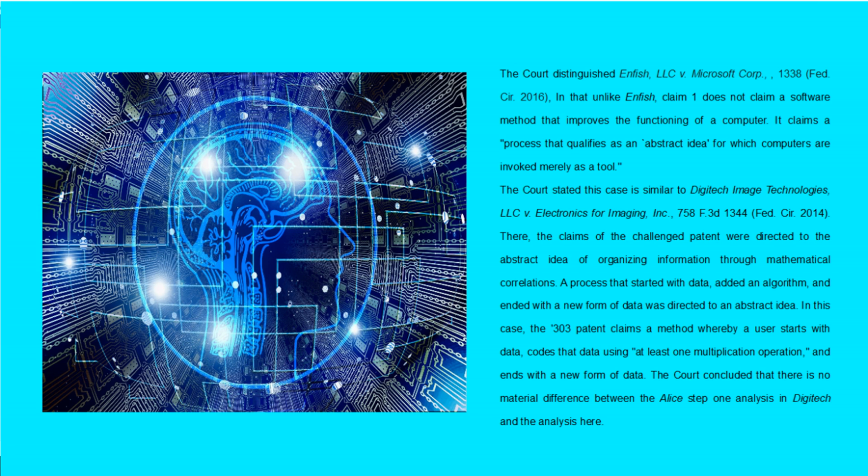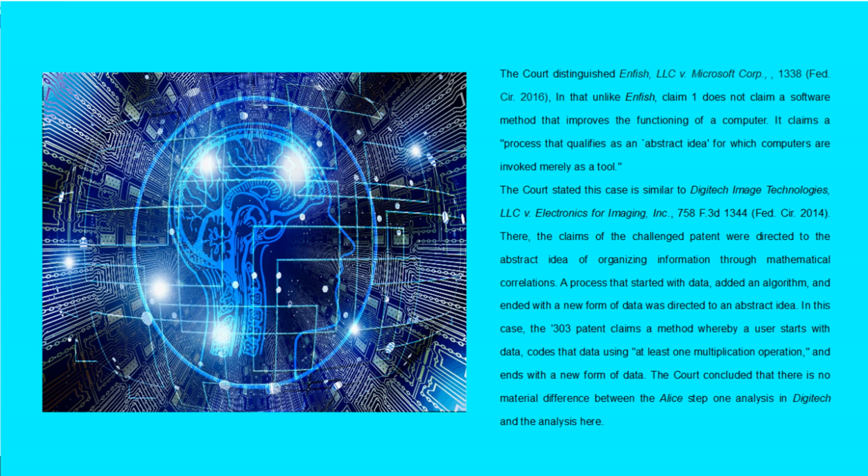The court stated, this case is similar to Digitech Image Technologies versus Electronics for Imaging. There, the claims of the challenged patent were directed to the abstract idea of organizing information through mathematical correlations, a process that started with data, added an algorithm, and ended with a new form of data, and was directed to an abstract idea.